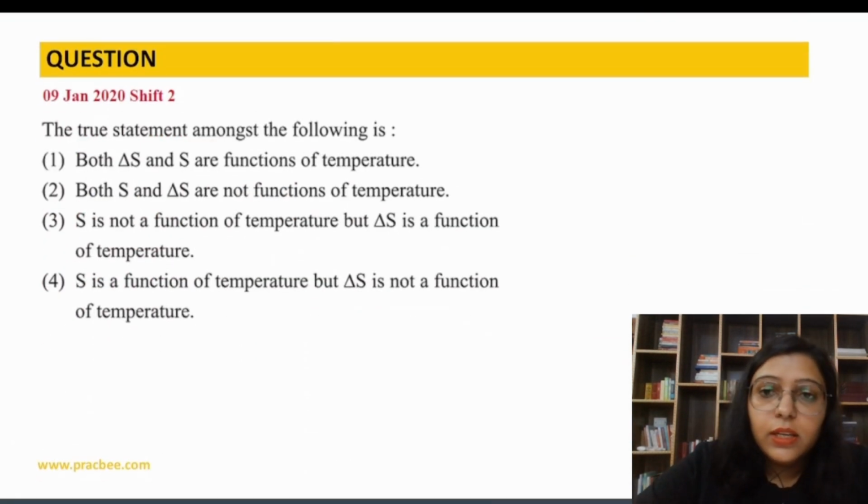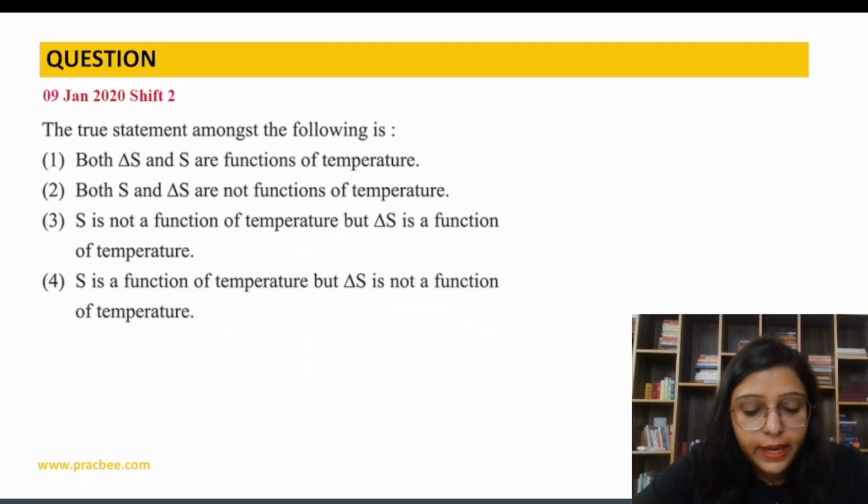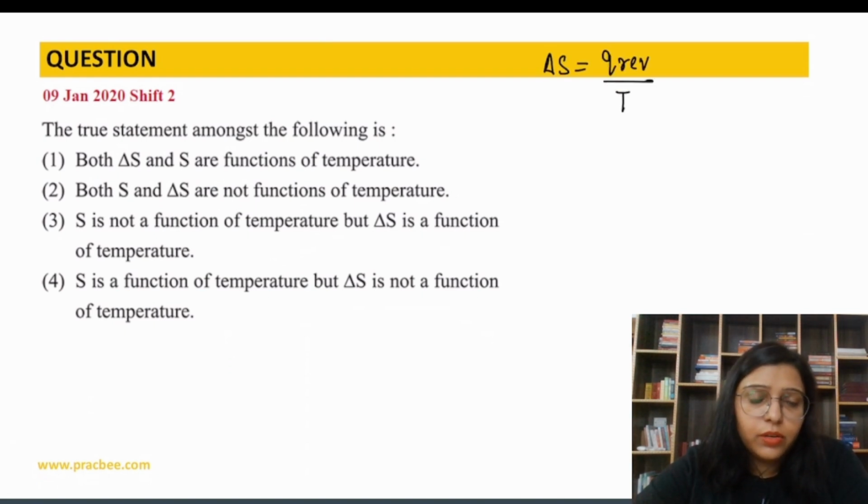Now next, the true statement amongst the following is: both delta S and S are functions of temperature. See, it is simple. Delta S is what? Q reversible by T. So yes, it is dependent on temperature. If you increase the temperature, then randomness increases. Same goes with entropy.